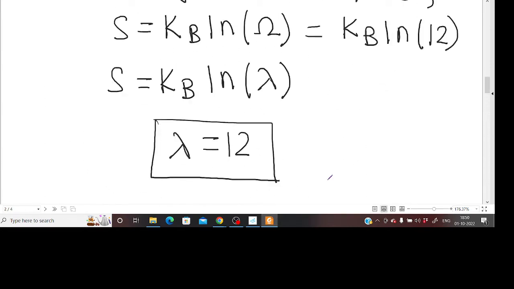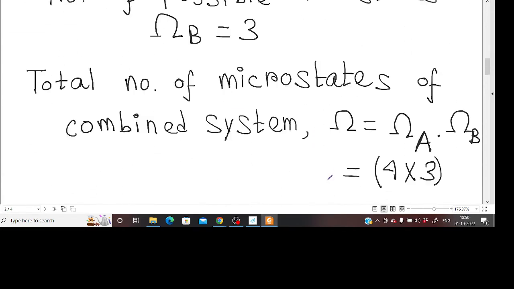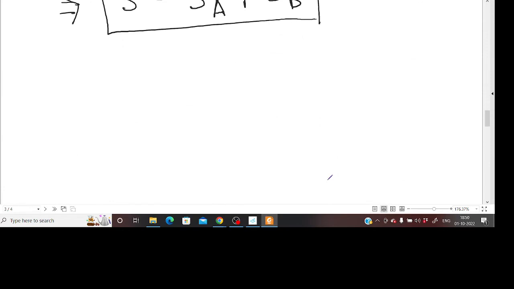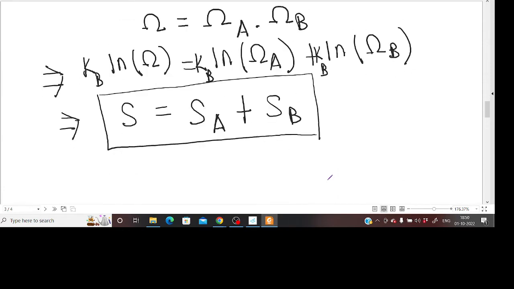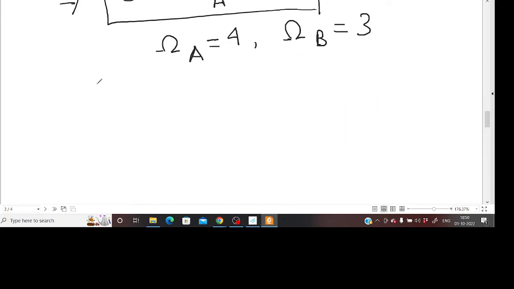Now in this question you can also do it in a different way. You have found that omega A is equal to 4 and omega B is equal to 3. So from this you can calculate SA and SB.